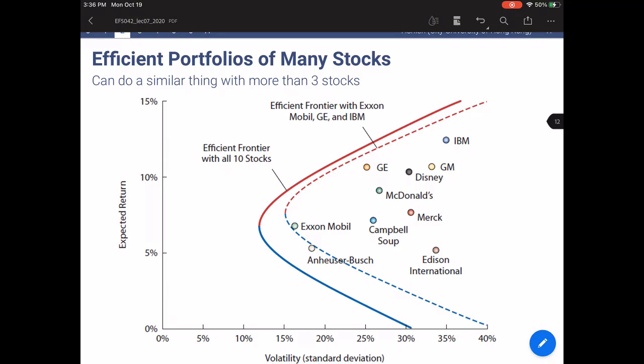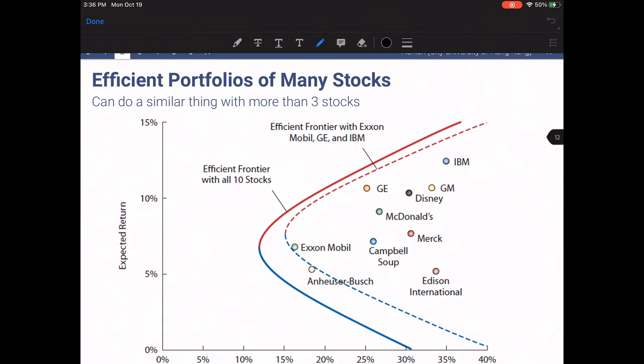So with just 3 stocks, in this graph, for the dotted line, we have Mobil, which is an oil company. We have GE, a conglomerate, and IBM, another conglomerate. Our efficient frontier only extends to the dotted line.